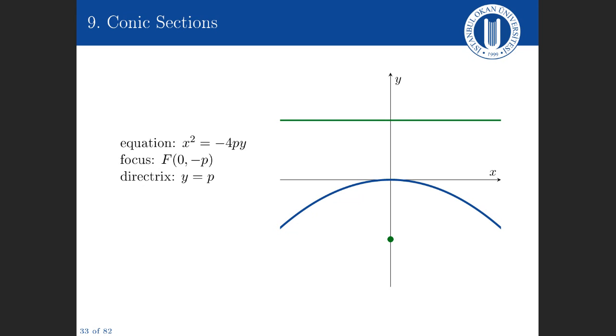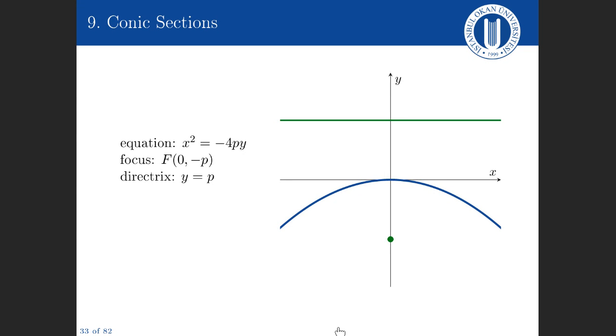We could do everything the same, or we could just say, replace every y by minus y. We get the equation x squared is equal to minus 4py, minus because we turned the picture upside down. The focus is now at the point (0, minus p), and the directrix is at y equal to p.